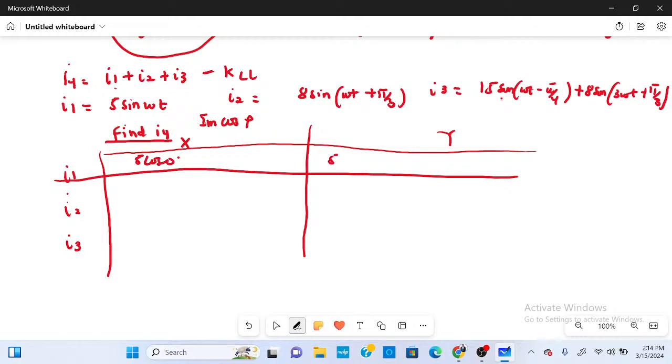Here becomes 5 sine 0. This gives us what? 5. This gives us 0. When I come here, the phase difference is pi on 3, which is the same as 180 on 3, that is 60 degrees. So I have 8 cos 60. Cos 60 is half, so you are getting what? 4, right?